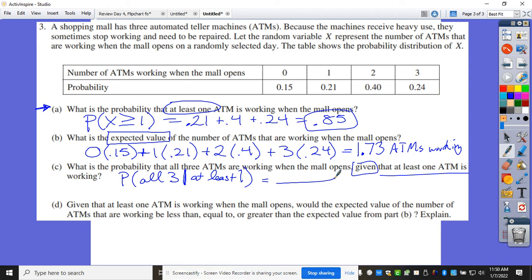Well, I already know the probability there's at least one working. Functional. No, wait, sorry. 0.8. And now, what's the probability that it's also all 3 of them working? And then you're just dividing that out. And you get about 0.282.